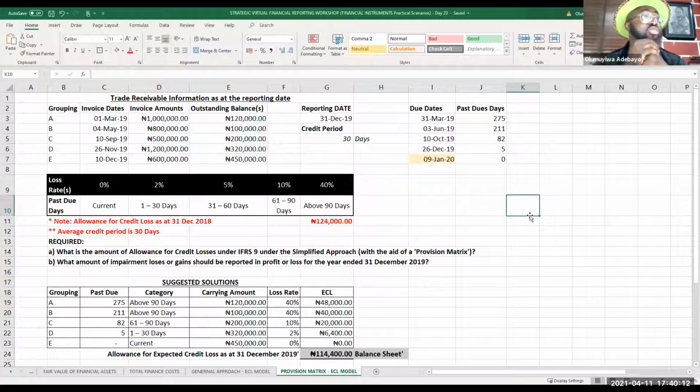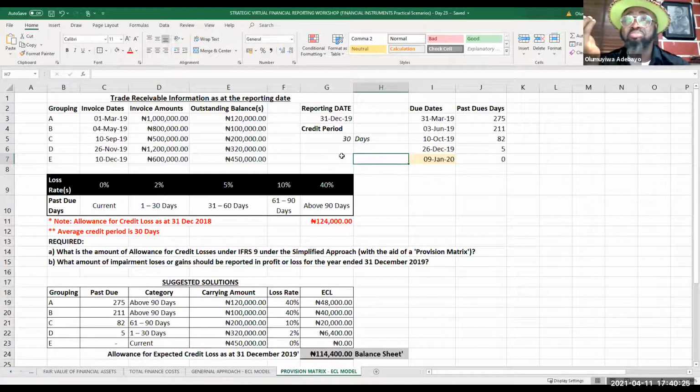How do I calculate loss rates for SME companies that do not have a credit agreement with customers? Now, if you don't have a credit agreement with a customer, it means the customer doesn't have more than a few days because of processing. They don't have a credit period, but they have a processing period of 5 days.